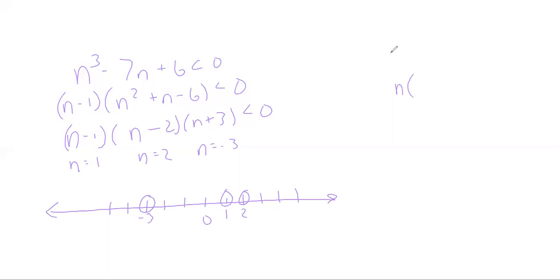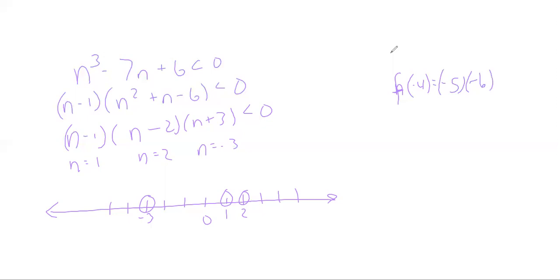F of -4 is equal to, okay? I just plug it in these three. So -4 minus 1 is -5 times -4 minus 2 is -6.